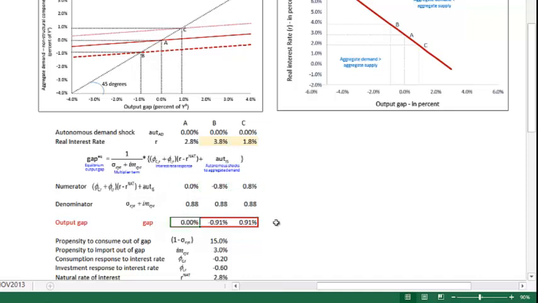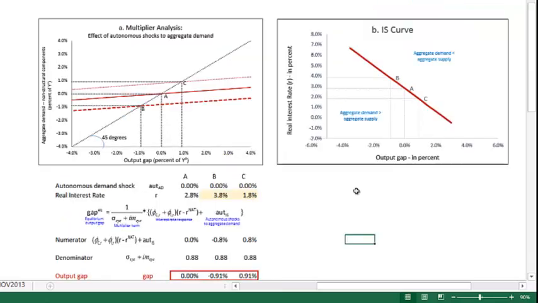So we have the output gap. It turns out that when we raise the interest rate, the output gap falls from 0 to minus 0.91. If we reduce interest rates, the output gap rises from 0 to 0.91.